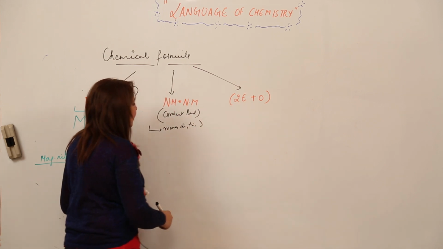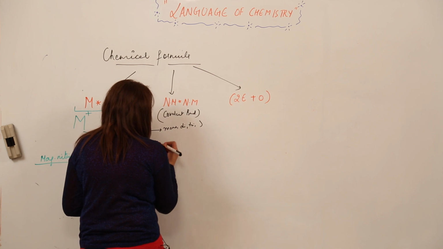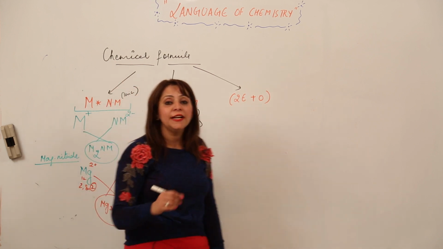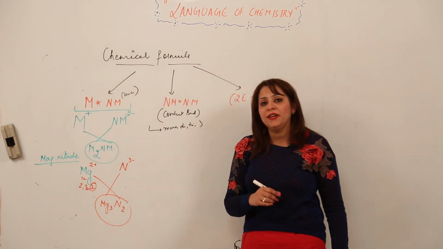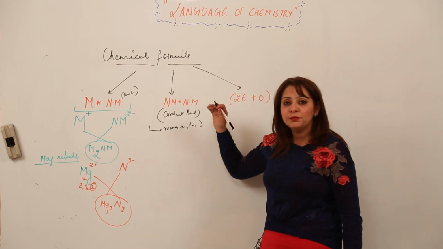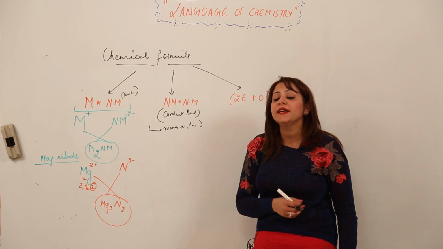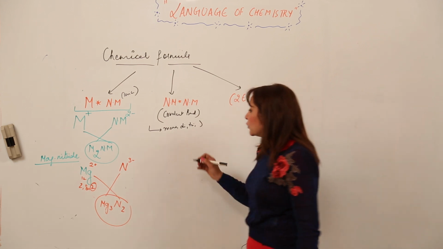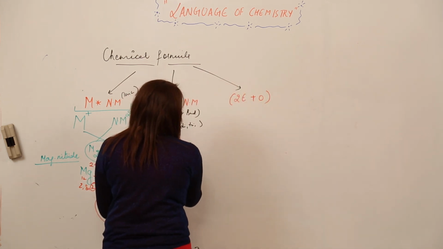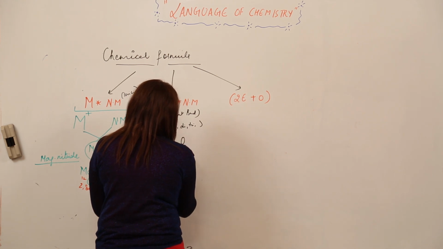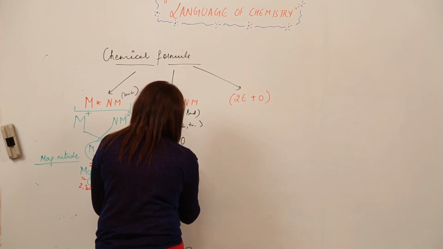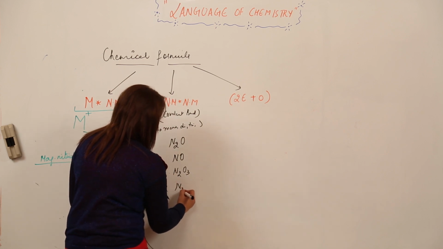For example, to make you understand, I am writing an example. We get to see nitrogen. Nitrogen shows so many variable valencies. So I am just picking the compounds of nitrogen and oxygen, to let you know the difference in naming them. So we get nitrogen as N2O, we get NO, we get N2O3, and we get N2O5.